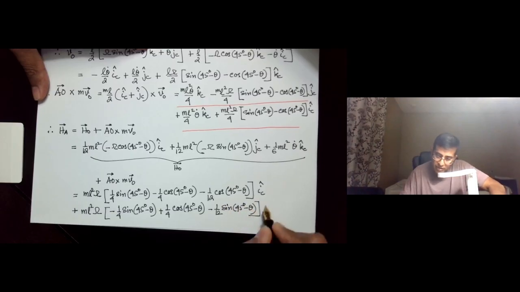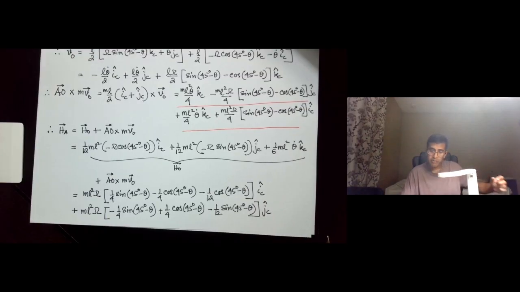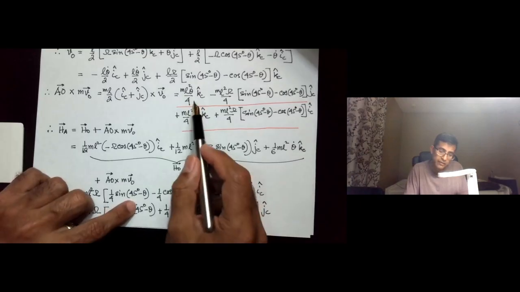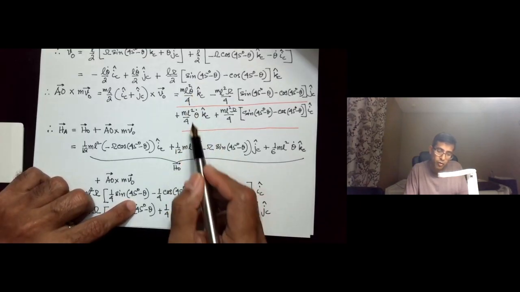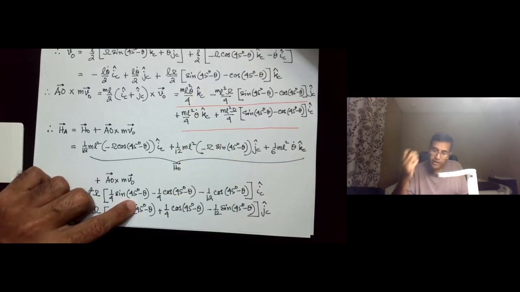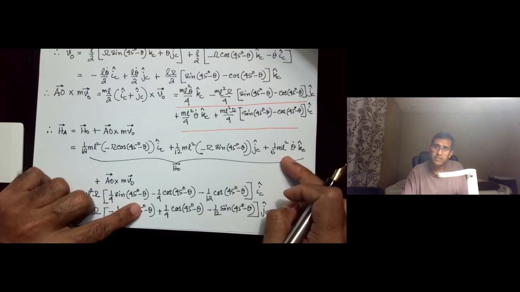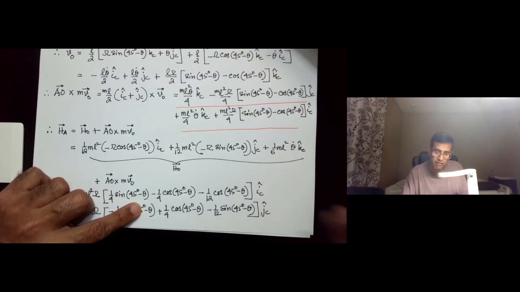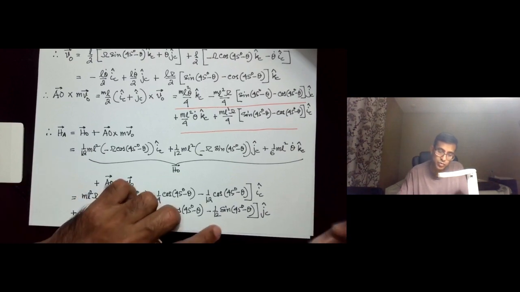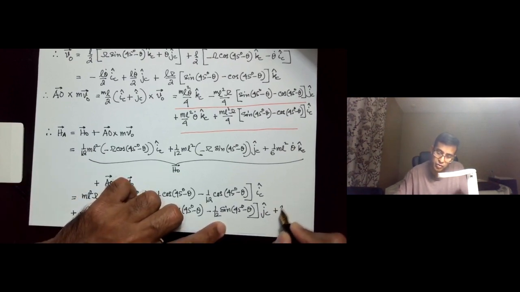So the expression is getting long, but that's okay. We have ml squared theta dot over 4, ml squared theta dot over 4, and ml squared theta dot over 6. So you essentially have 1/4 plus 1/4 plus 1/6, which is half plus 1/6, and that is 2/3. So we will have plus 2/3 ml squared theta dot kc.